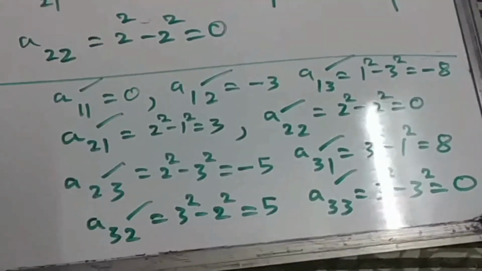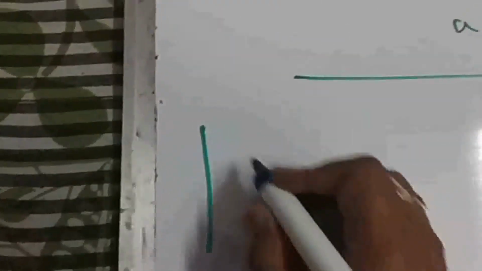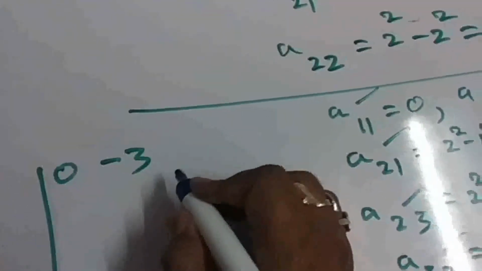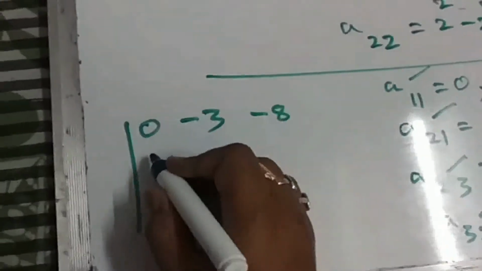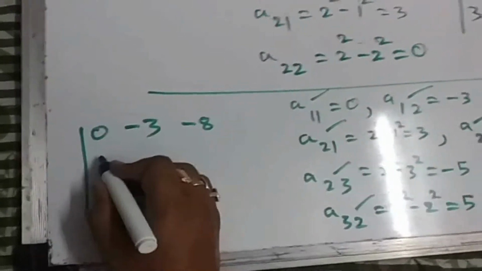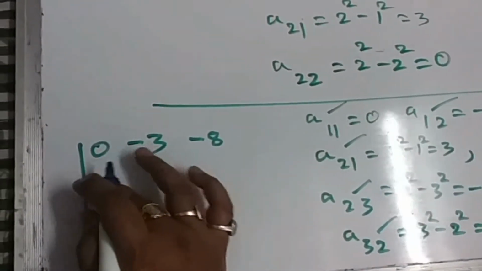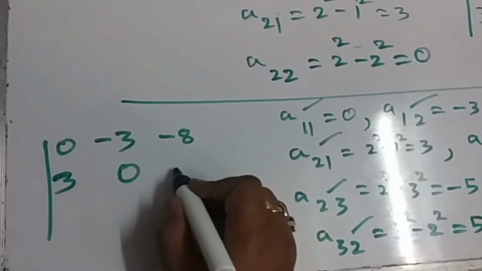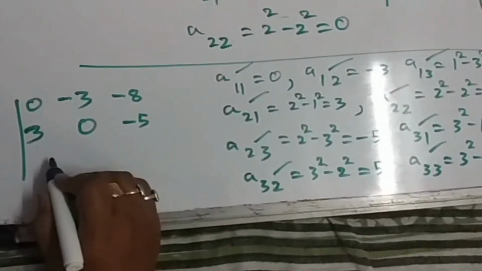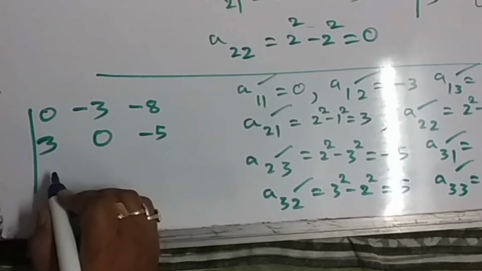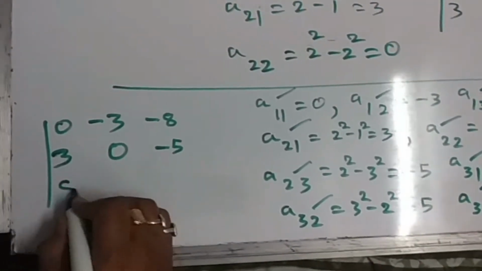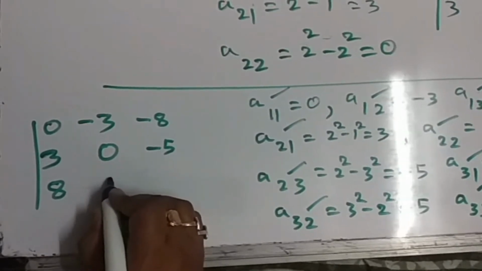Now following these elements I am going to write the determinant. A11 was 0, A12 is minus 3, A13 is minus 8, A21 was 3, A22 is 0, A23 is minus 5, A31 is 8, A32 is 5 and A33 is 0.